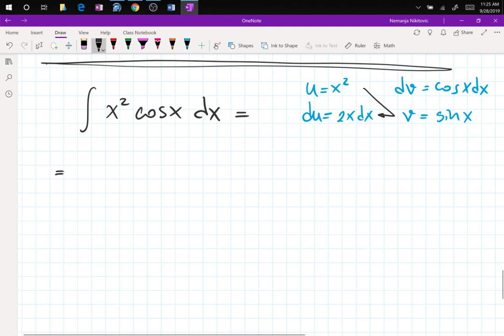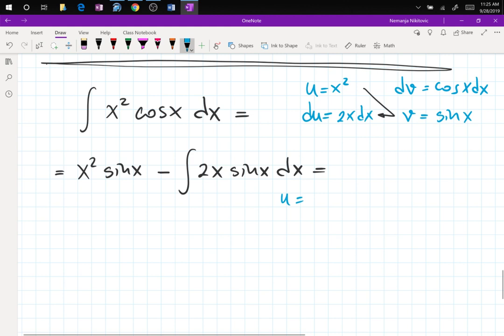This is going to be x squared sine x minus integral of 2x sine x dx. And gotta do it again, right? Because we have an x sine x situation. So you can use the same u, v, and stuff like that, because we never used u.